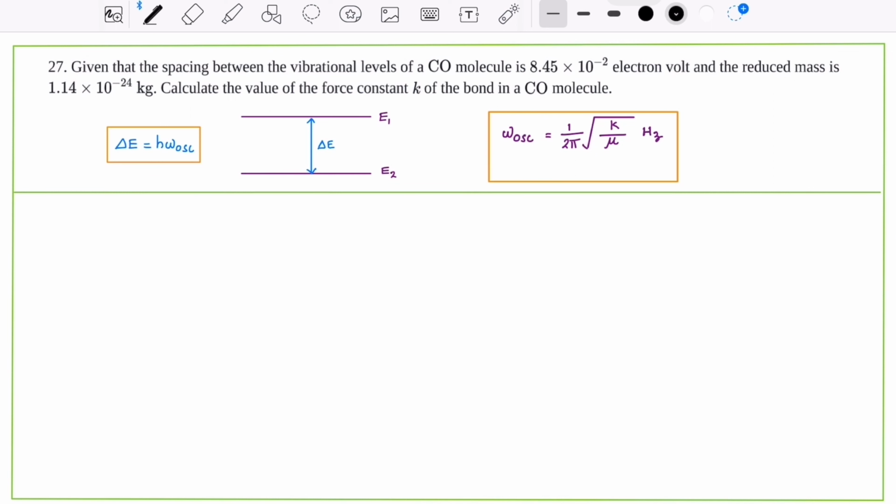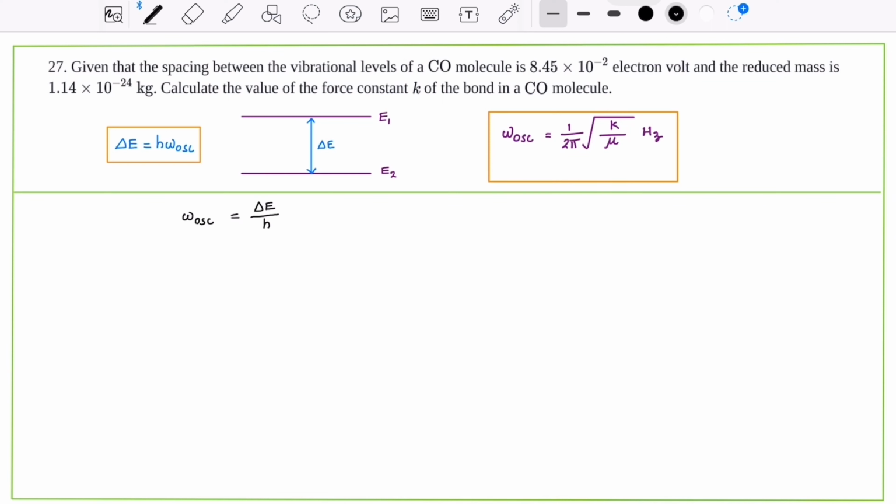In the present case, the spacing between the vibrational levels is given. From that data, we can calculate the vibrational frequency of the molecule, omega oscillation, and omega oscillation is equal to 1 by 2 pi into root of K by mu. From that, we can determine the force constant K.